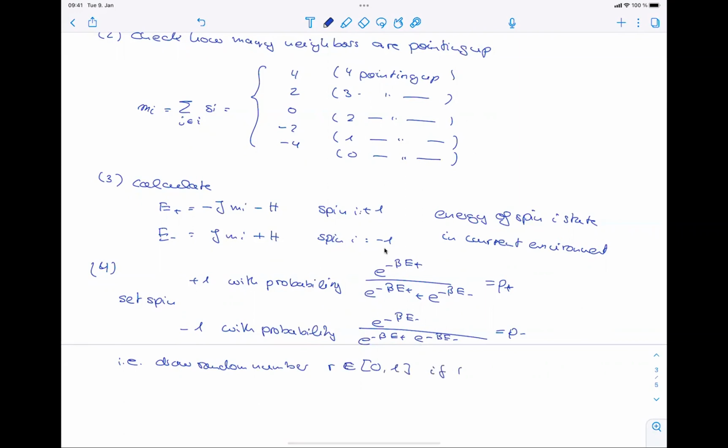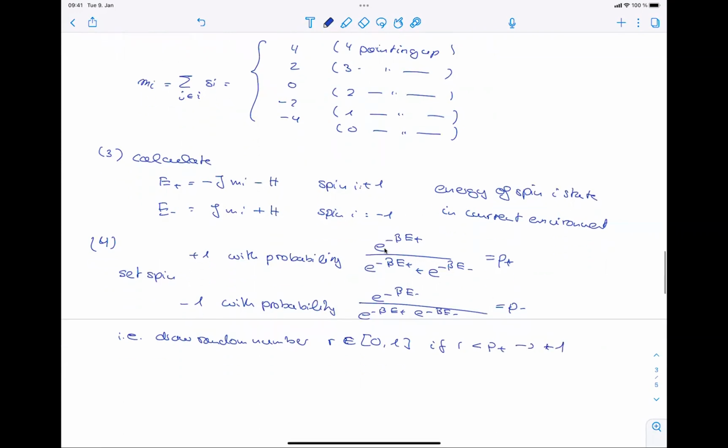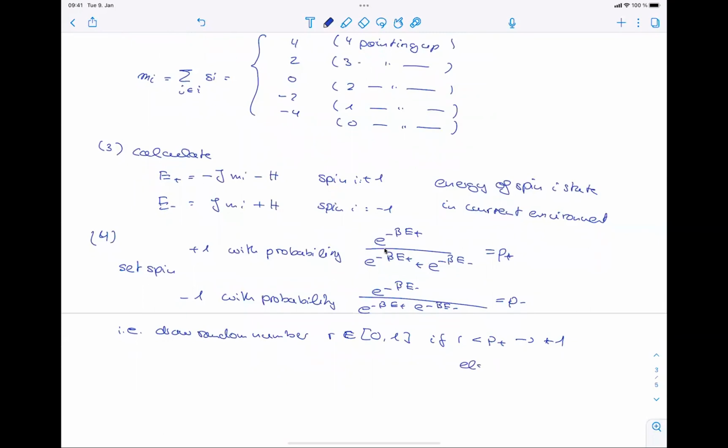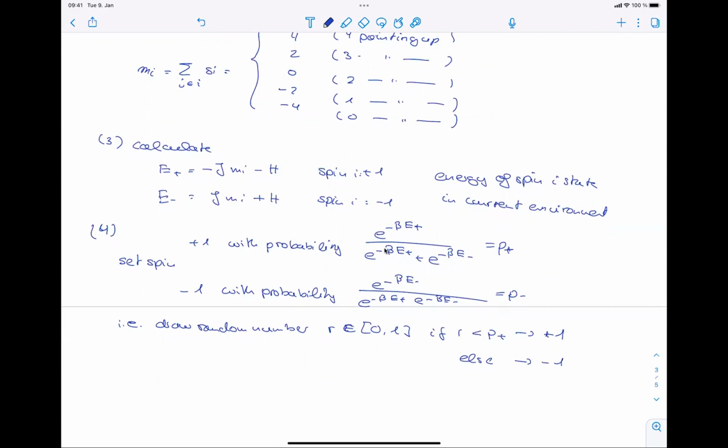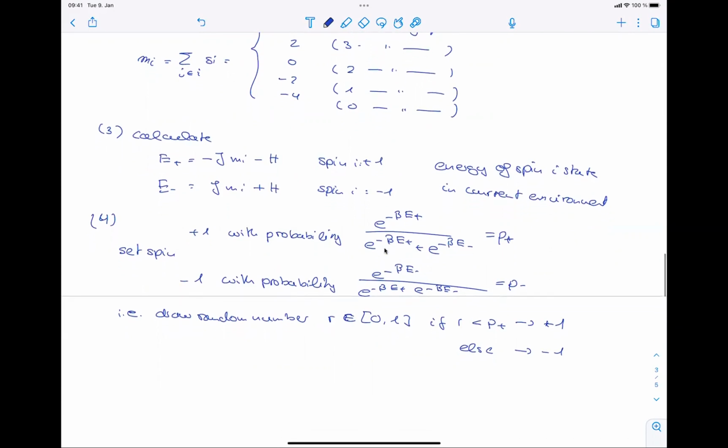And now if R happens to be smaller than P plus, we send the spin i to the plus state, and else we send it to minus. Note that P plus plus P minus is 1. And then we thermalize this one spin, and then we keep picking other spins and repeat this thermalization.